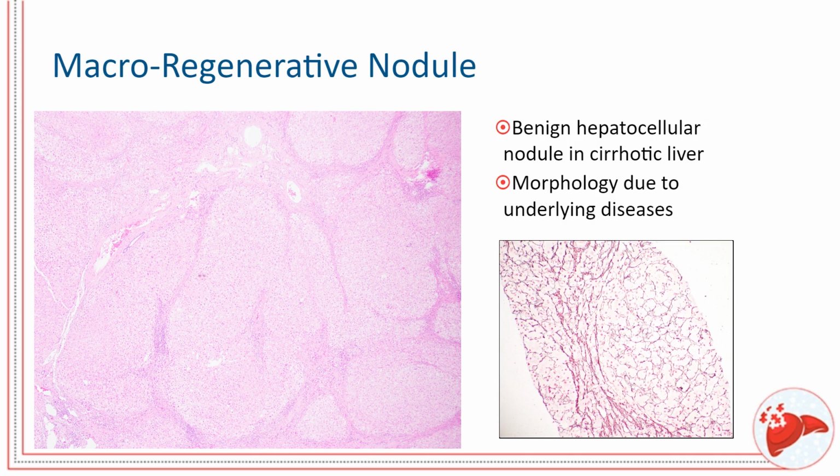Morphologically, you can see different features based on the underlying liver disease. For example, you can see loss of bile duct, or ductopenia, in patients with chronic biliary disease. You can see ductal plate malformation. You can see steatosis in patients with NASH cirrhosis or alcoholic liver disease.